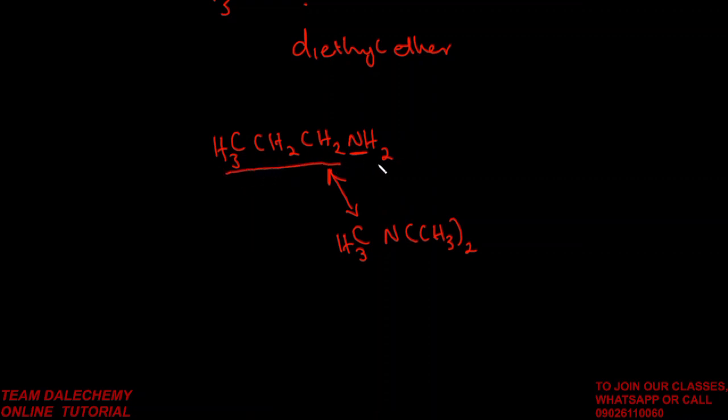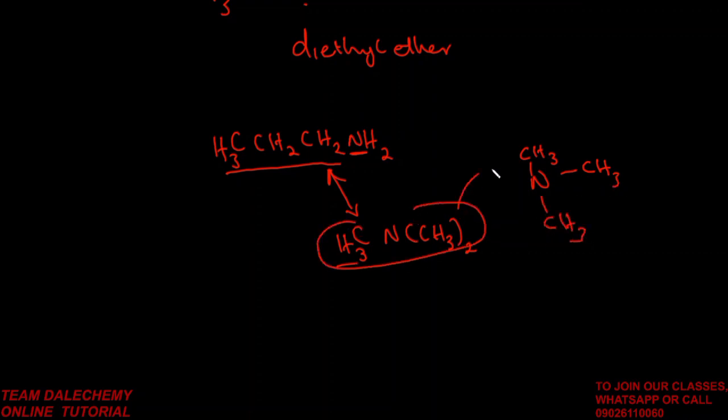We are having propyl and hydrogen, but here we are having CH3 and two other CH3. So that's why we call them metamers. So this is the structure, the complete structure for that. So that's the metamers.